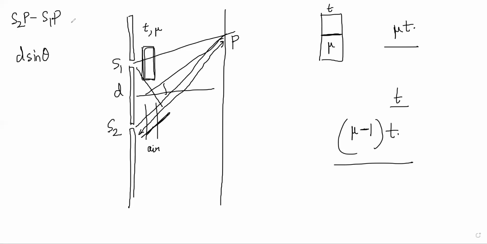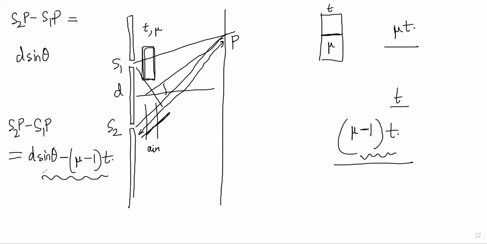But now, since there is an extra path in S1P, the effective path difference is becoming what? You will subtract it or add it? Subtracted: d sine theta minus this, because S1P has become slightly longer by this much amount. So this becomes your effective path difference.